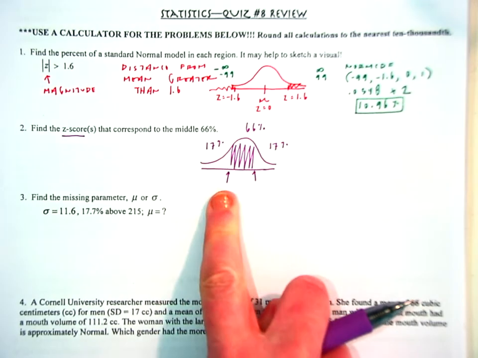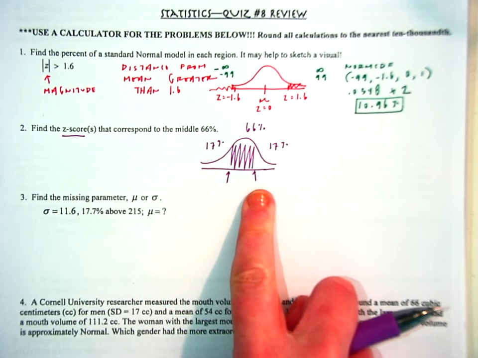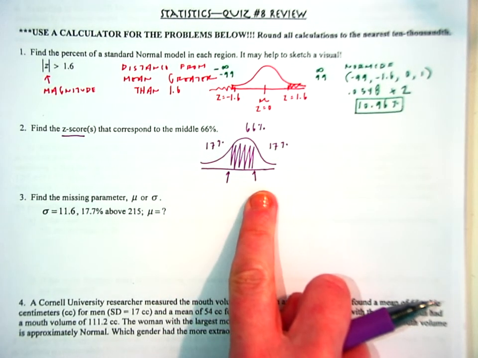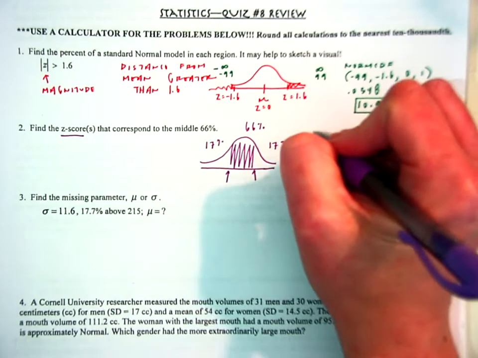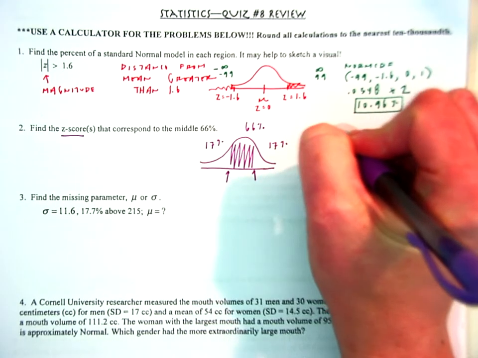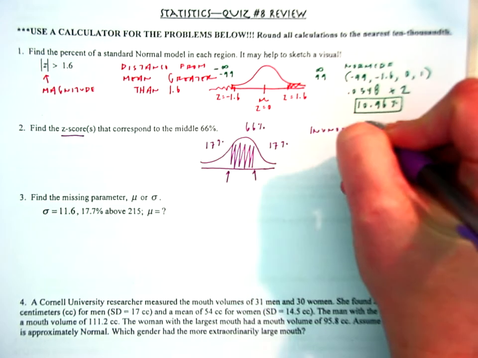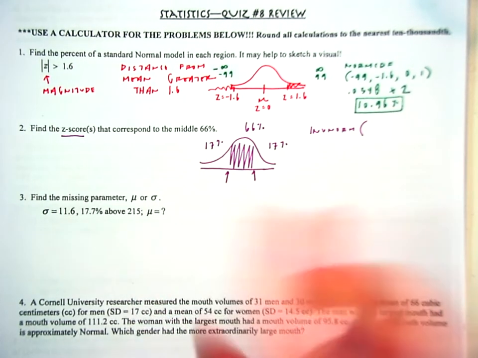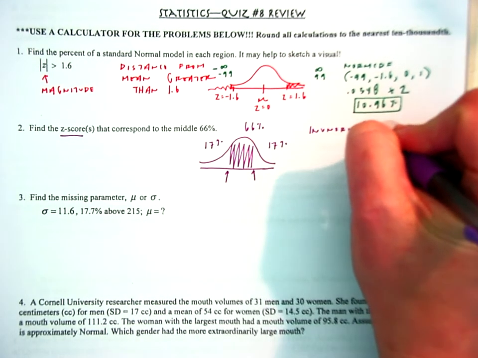I know that the z-scores that go here and here, they're going to be opposites because they have the same magnitude, distance from the mean. So now, since I'm solving for a z-score, I use inverse norm. Okay, right here, the proportion below or the area below is 0.17.